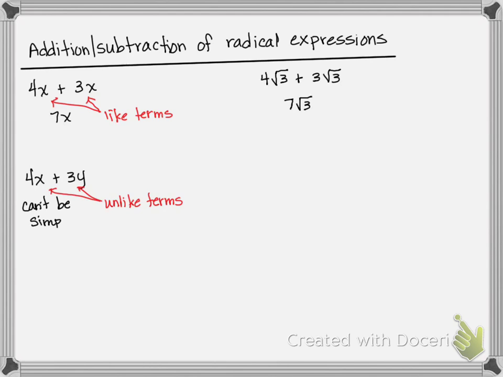So imagine taking the expression over here and just replacing the x with the square root of 3. Just like the x doesn't change when we add 4x plus 3x, the square root of 3 isn't going to change when we add 4 times the square root of 3 plus 3 times the square root of 3. So at this point, we're just counting up how many square roots of 3 we have, just like over here we're basically counting x's.